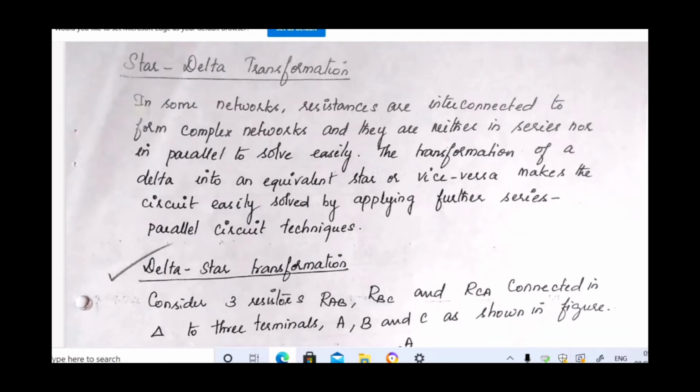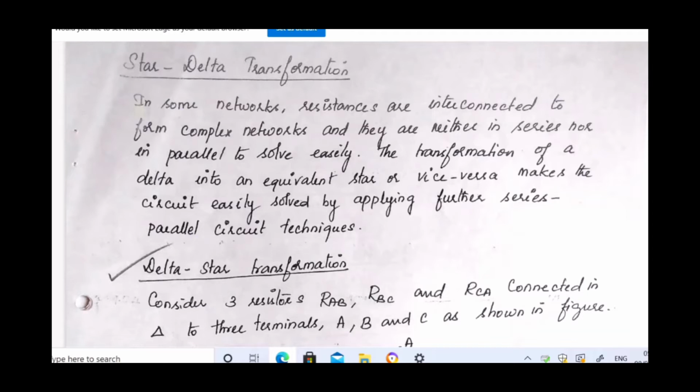First we will see the equations related to how the transformations need to be made. Once you understand the equations, it is easier for you to transfer the concepts to the problem. In that aspect, in this video I am explaining the delta star transformation.